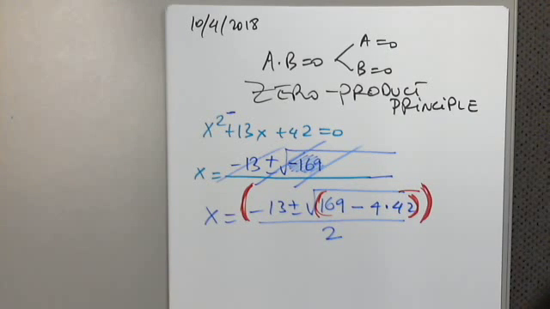They may not need parentheses all over the place, but I don't trust anything when it comes to lack of parentheses. Sorry about that. So 169 minus 4 times 42. Close the parenthesis under the square root. I'm going outside of the square root to close the parenthesis for the numerator, and then I divide by 2. Now, if the denominator happens to be 2 terms, I have to put parentheses around the denominator as well. So then I press enter, and I get negative 6.